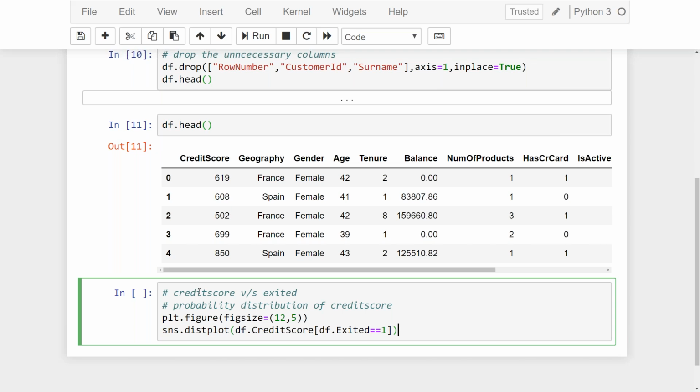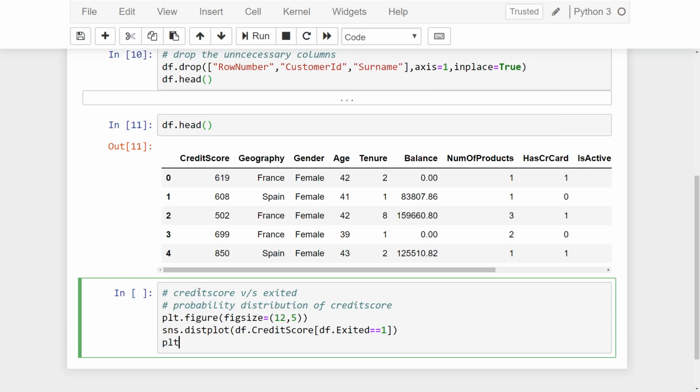That means the credit score of those customers for whom the exited column has value 1, right? plt.show.